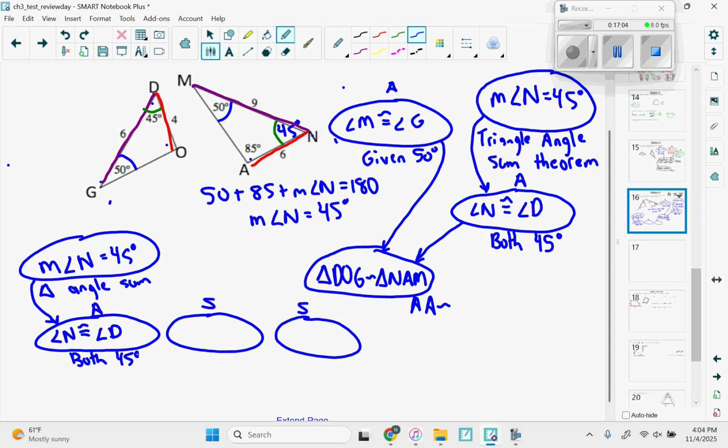And so we already said that 9 and 6 correspond, so 9 divided by 6. Let's see, that is going to be 1.5, and I divided to find the scale factor. And then my other corresponding side is 6 over 4. That also equals 1.5 when I divide to find the scale factor.